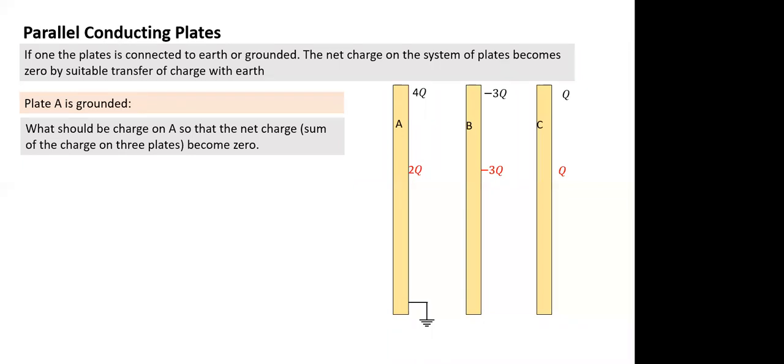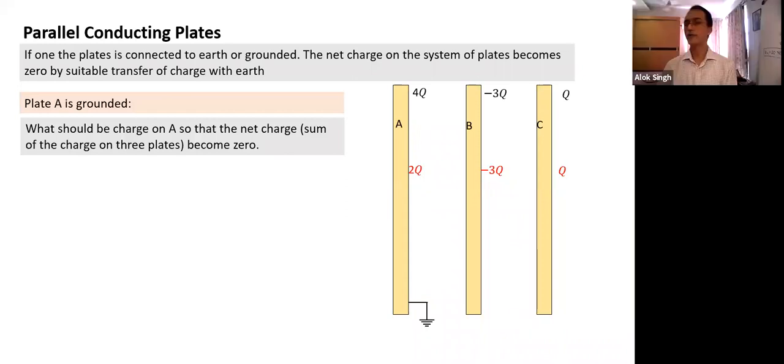Sir, I didn't understand why the net charge should be 0. Did I tell you before that? Is it possible to give a proof? Not possible. I just say, it happens. Only thing I can logically tell you: if the net charge becomes 0, what is the charge on the outer surface? 0.